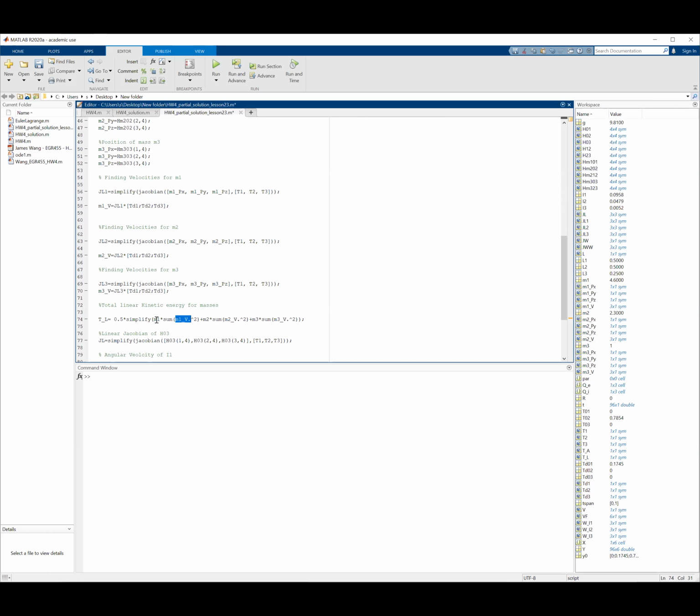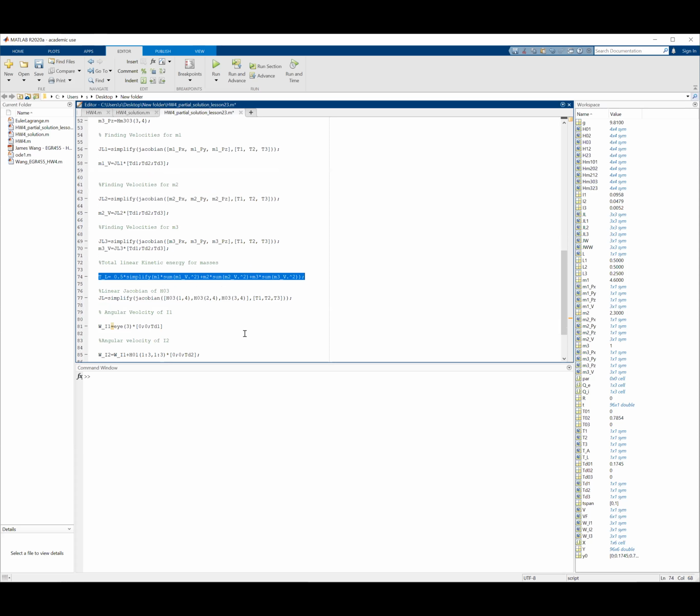Since m1 is multiplying all those terms, m1 remains the same, I just multiplied with m1. Same thing I did with m2, same thing I did with m3, and then I multiplied the whole term by 0.5. So at line number 74, I have the kinetic energy of translation.